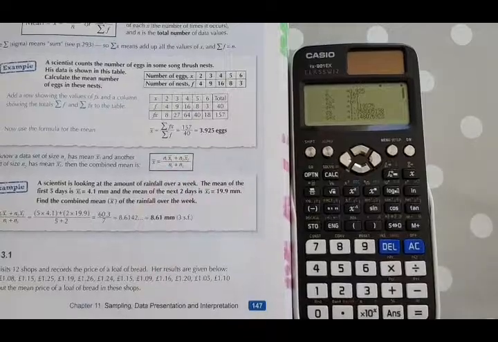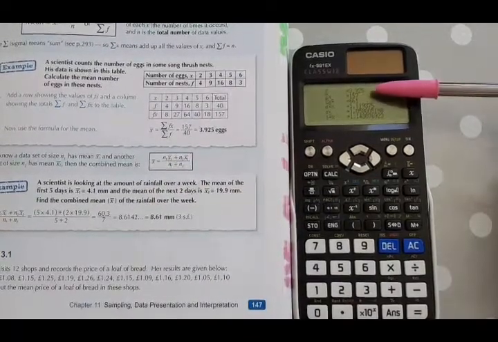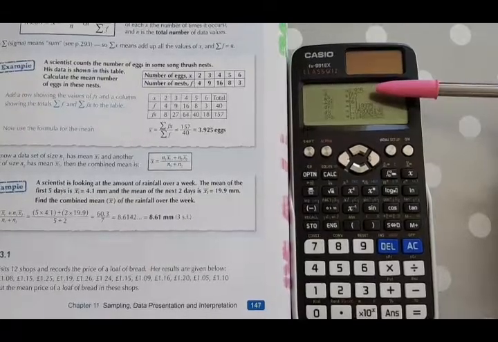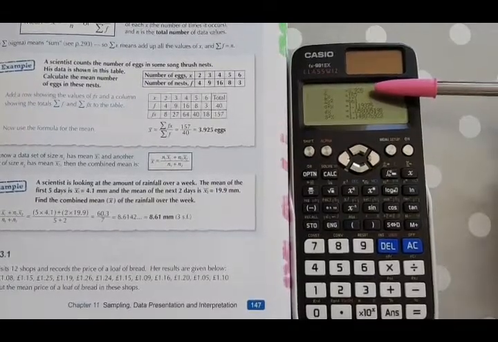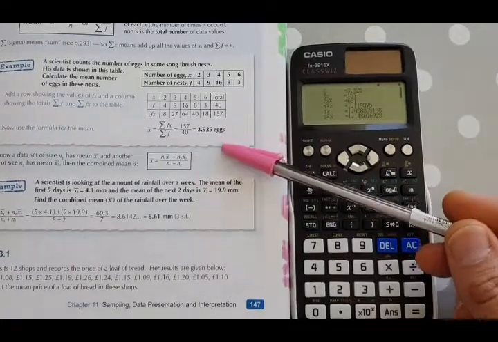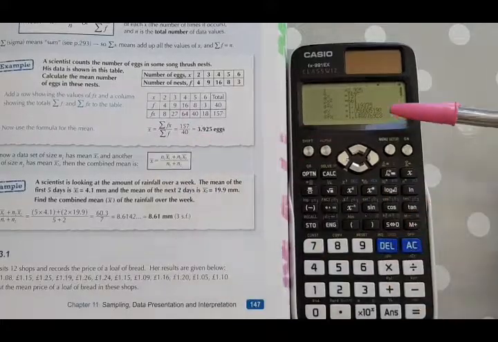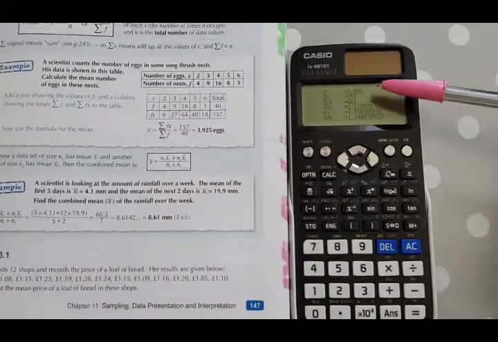Now, what we've got here is X bar. So X bar is the mean, and that's 3.925. Now, as we can see, that's exactly what we've got in the book, which was obtained using the formula. Our calculator's done that for us.